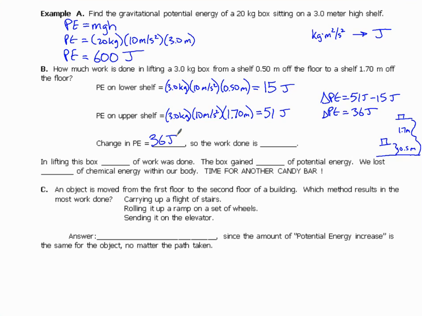So how much work did we do? 36 joules. In lifting this box, 36 joules of work was done. The box gained 36 joules of potential energy, and we lost 36 joules of chemical energy within our body.